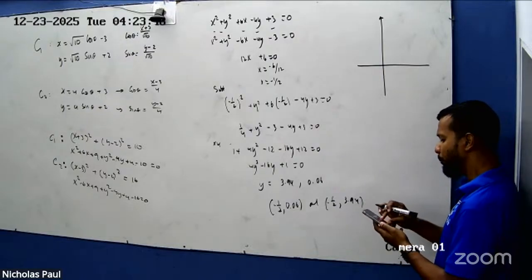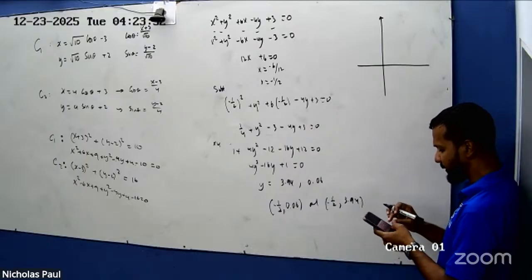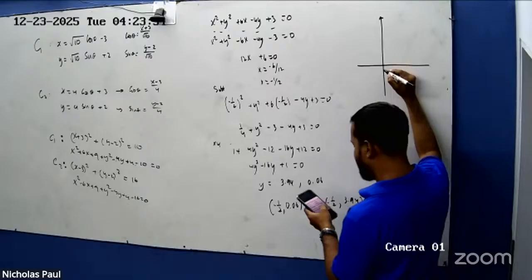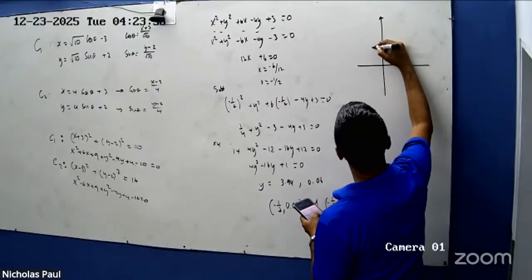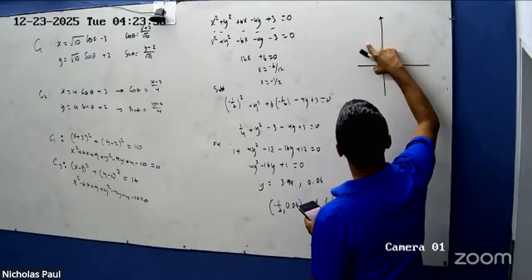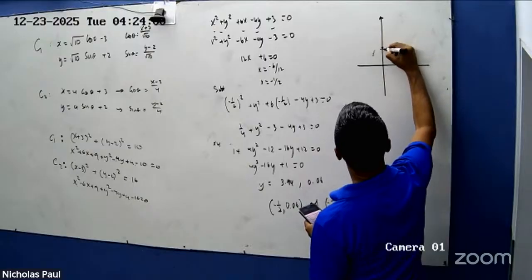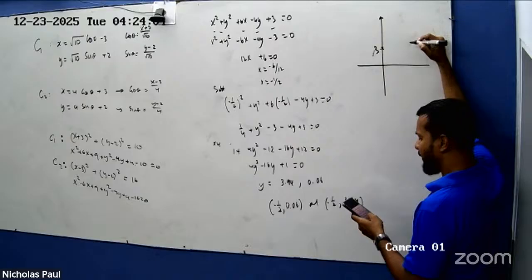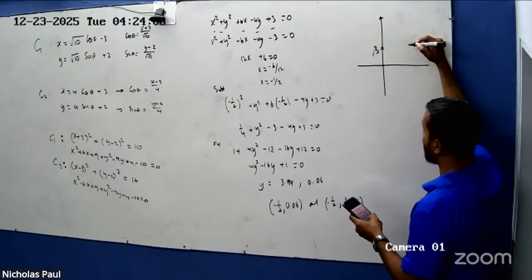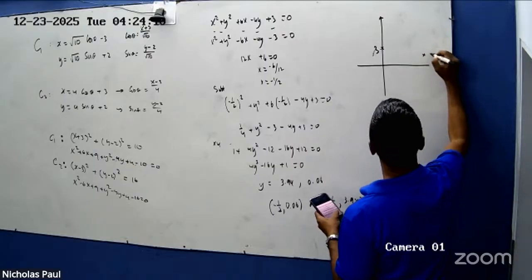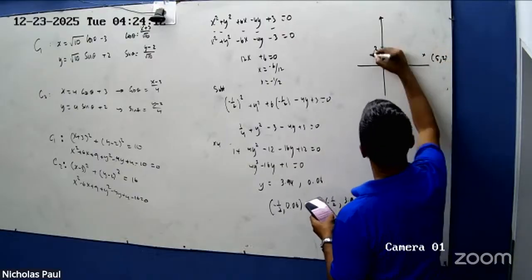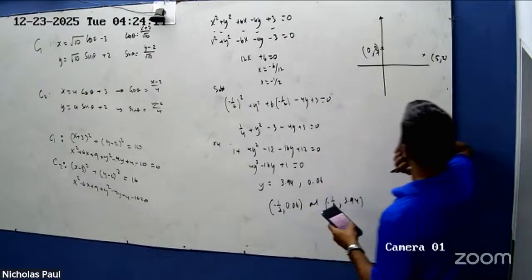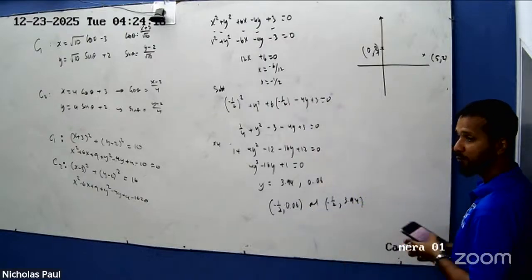The point P moves so that the distance from a fixed point 0,3 is 2 times that from a fixed point 5,2. Where do I put P on the diagram?